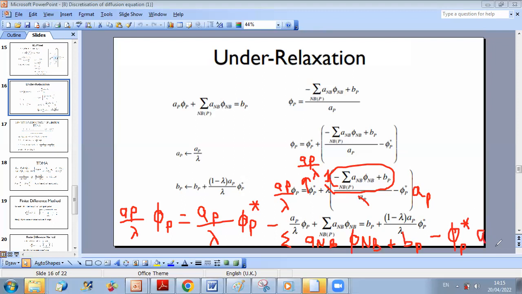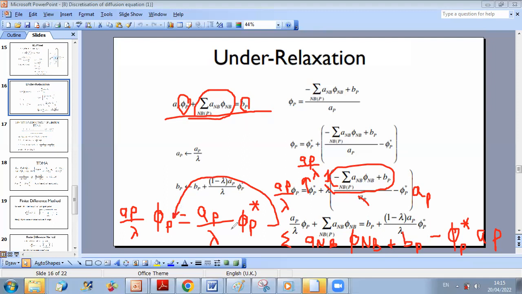Now, what is my purpose? I want to write the equation in the following form: a certain coefficient multiplying phi P plus sum of A neighbors times phi neighbors equals a certain constant term. So let me take this term to the other side, because this term is a function of phi neighbors.